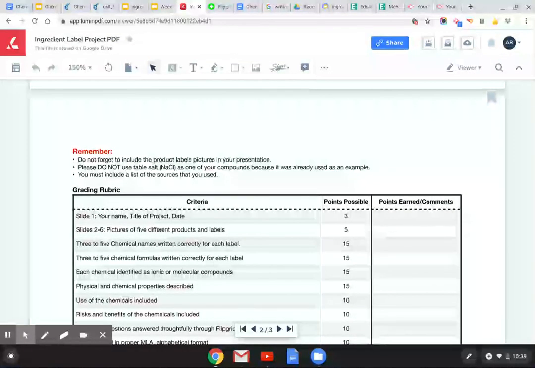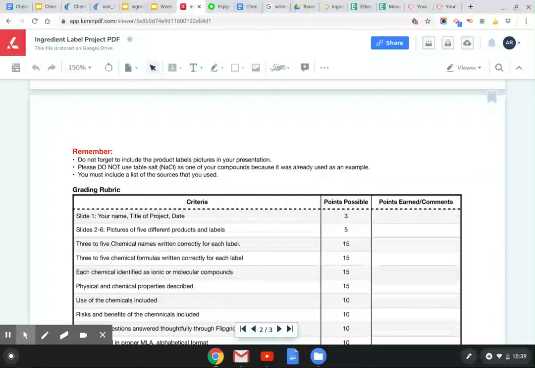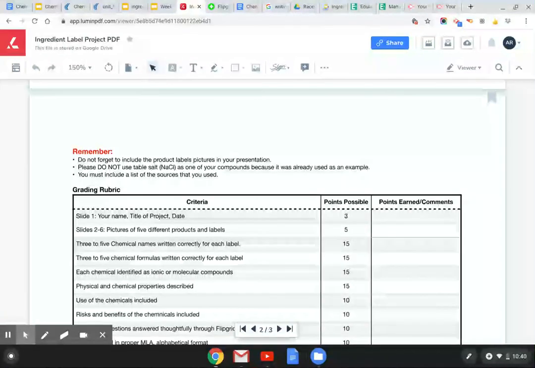Make sure it's a font color that is readable, that it's not too bright. Try not to add too much information all bunched together; spread it out. That's why I showed you an example, so you can see how big your data table should look so that everything fits nicely on your slides.